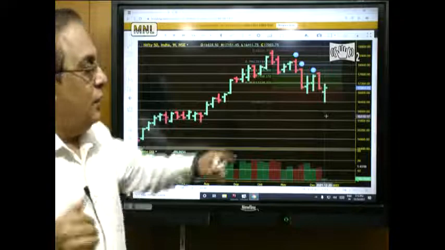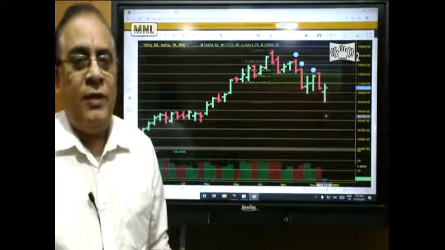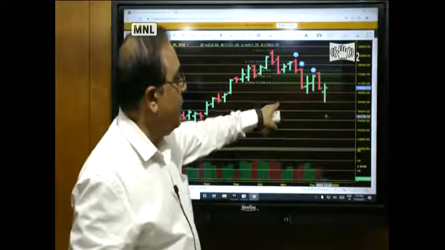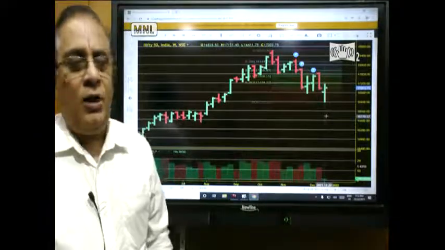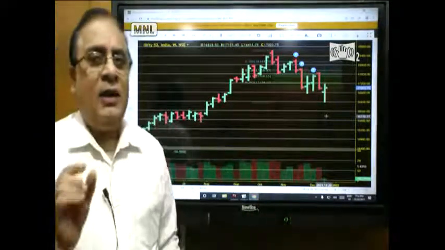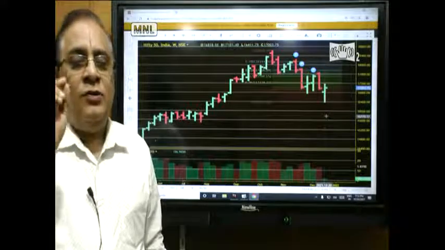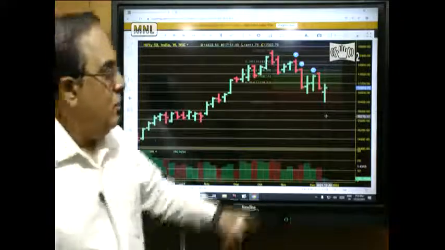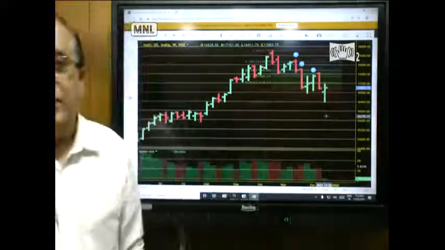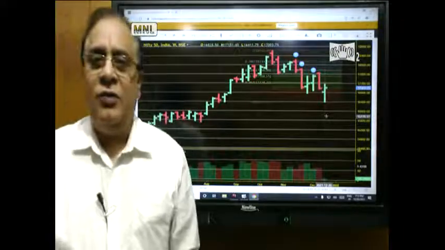Since it has already gone to 17,150, and the difference of 23.6% to the bottom from where the Fibonacci has been drawn is 500 points, we should have the dip contained at 500 points from the top. This top till now is 17,150, so 17,150 minus 500 is 16,650.